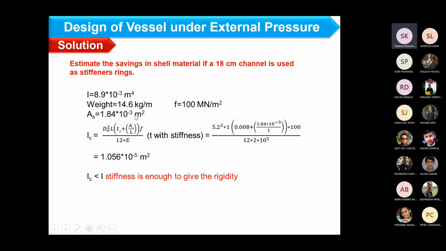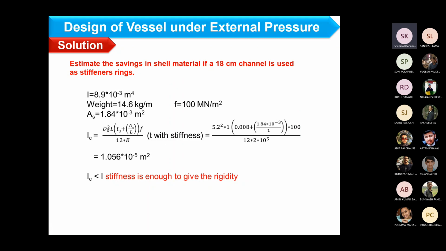And in this case, you need to keep in mind that this thickness of the shell is with the stiffeners. It doesn't mean that this t is multiplied over here, no. This is only a comment that t should be with stiffener, because we are calculating the moment of inertia, and in that case we already consider that stiffeners are already placed.